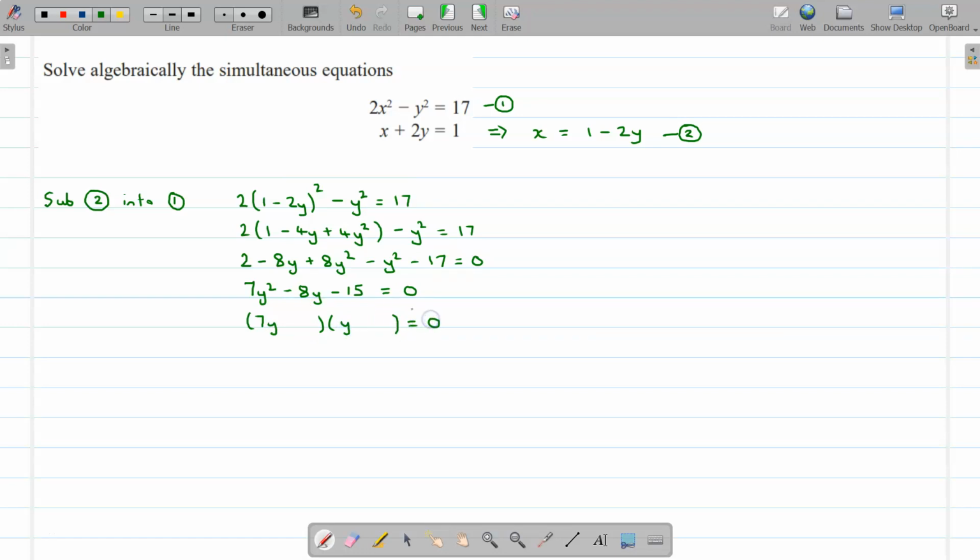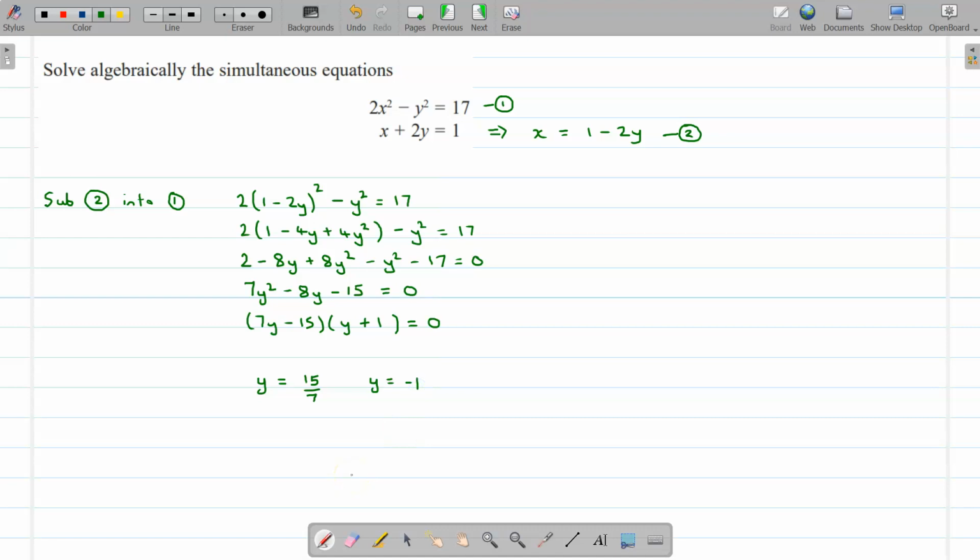And in fact, it doesn't take long to see that the factorization does work as minus 15 there and plus 1 there. So that gives me two possible values of y. So from the first bracket, y equals 15 over 7, like 2 1/7, or y equals minus 1.